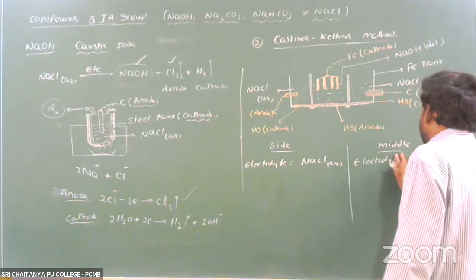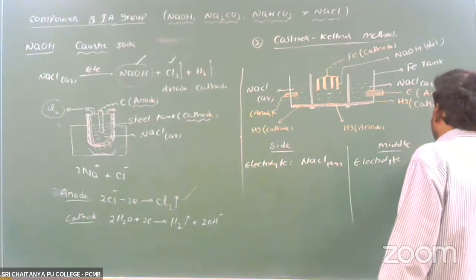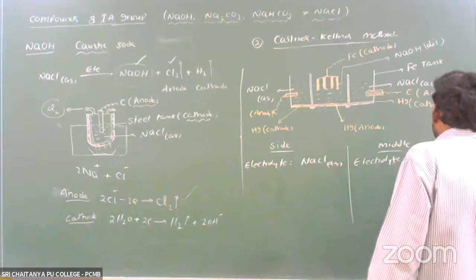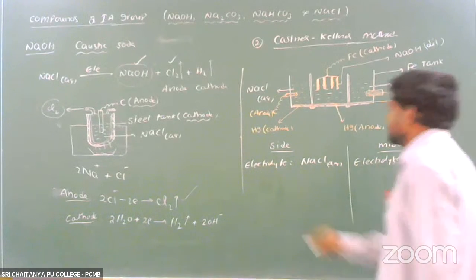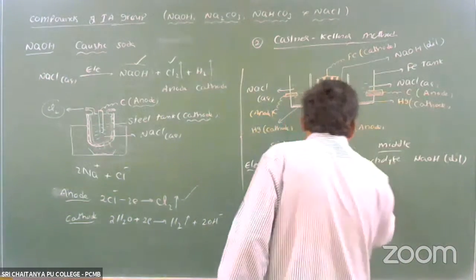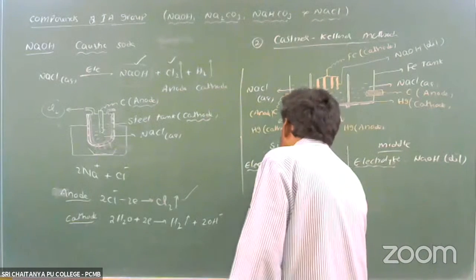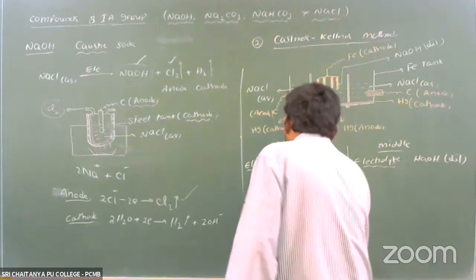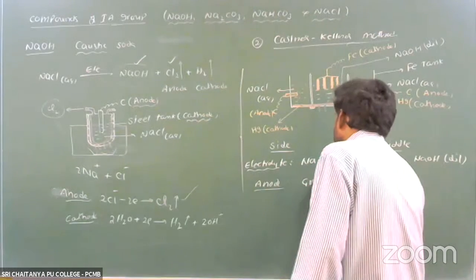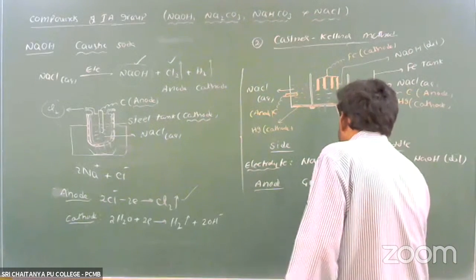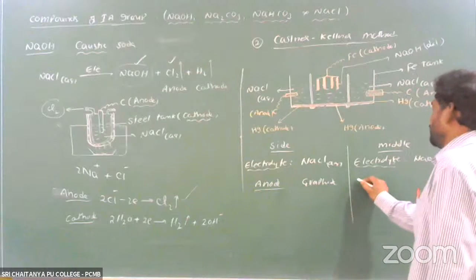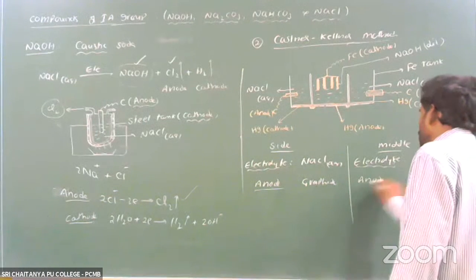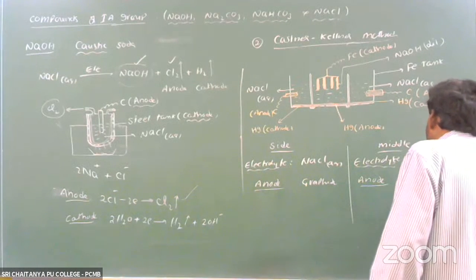Very dilute sodium hydroxide solution. Next, what is the anode in the side compartment? The graphite rod acts as anode. In the middle compartment, what is the anode? Mercury acts as anode.